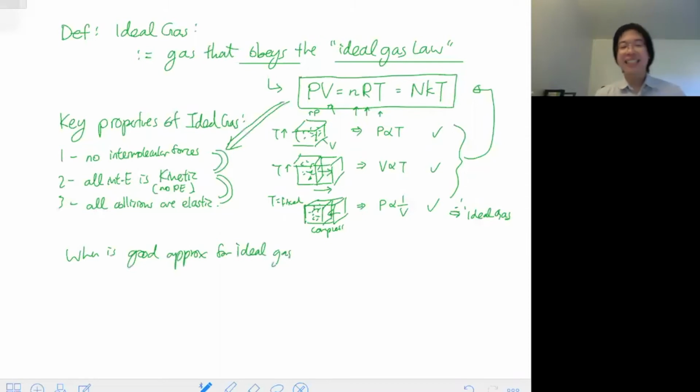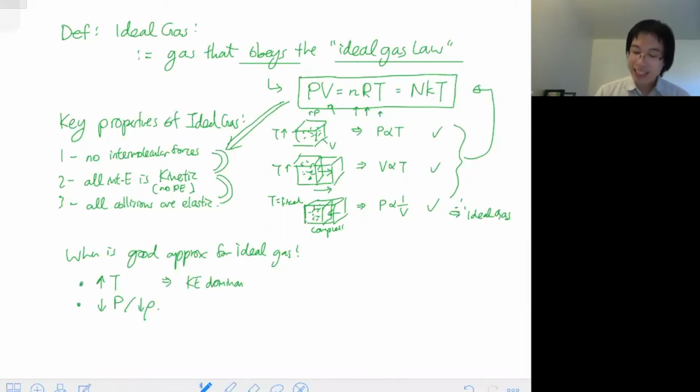When is a gas ideal? There are two scenarios: either very high temperature or very low pressure. Low pressure or low density. When it's high temperature, you can tell because temperature is a measurement of the individual particles' average kinetic energy. So that means the kinetic energy dominates.